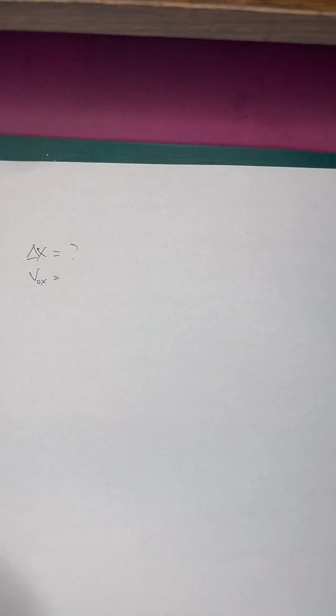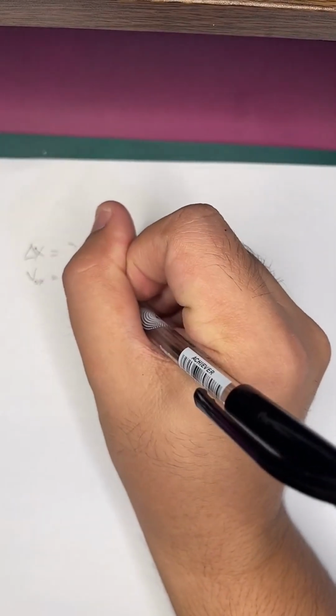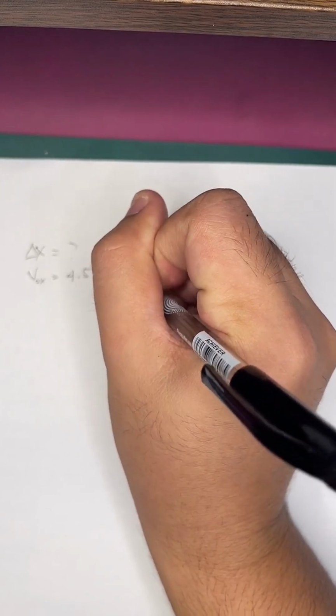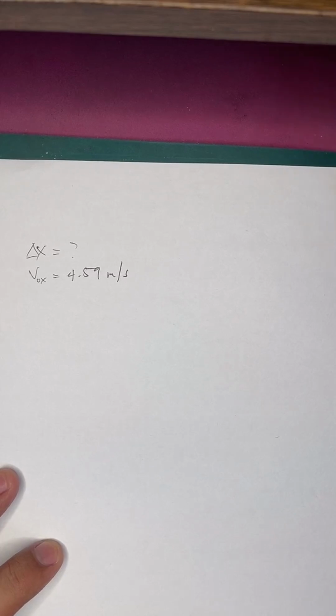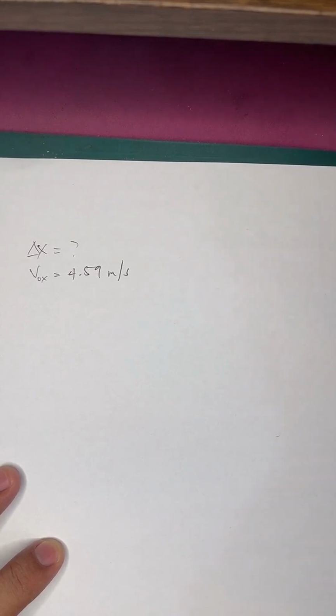That would be 8 cosine theta, cosine 55, which is equal to 4.59 meters per second. The final velocity at peak height also serves as the initial because there was a change. The change is already there. From going up, it stopped, then it started to fall down. So it started at 0 as it begins to fall towards the hoop.